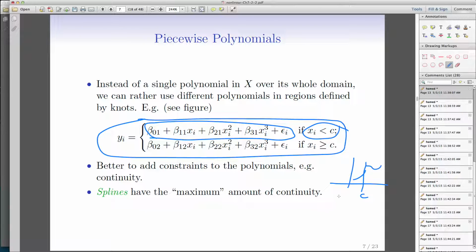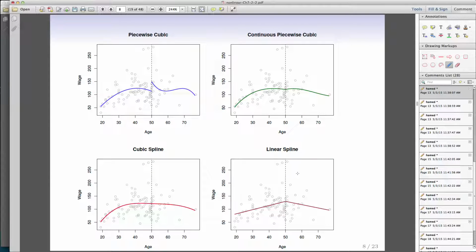But not only should this condition hold in the splines, they should also be continuous. So let's see what the splines do. Here we have a bunch of examples of piecewise cubic functions. For example, here we have a non-continuous piecewise cubic function.